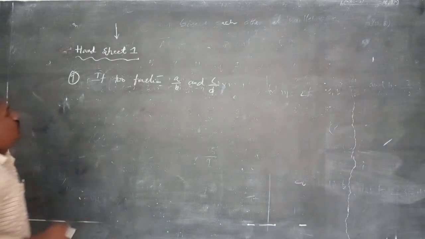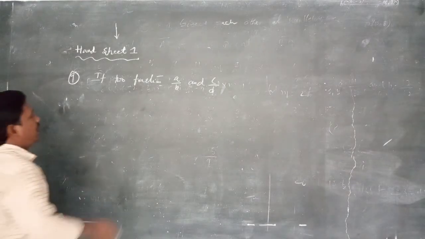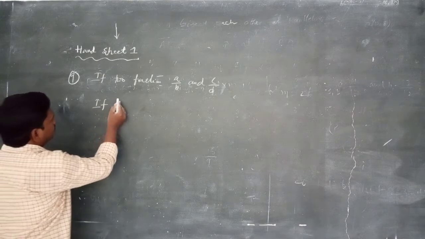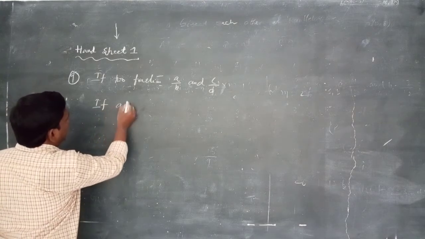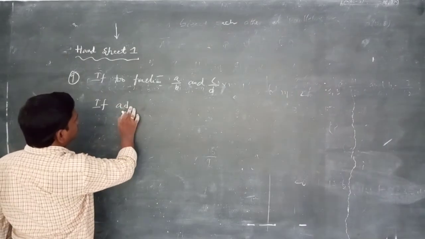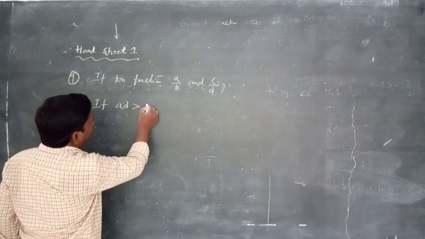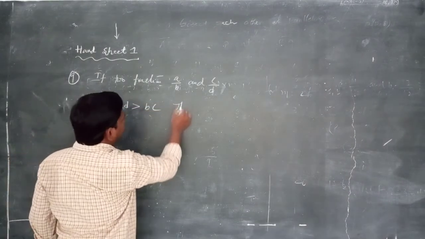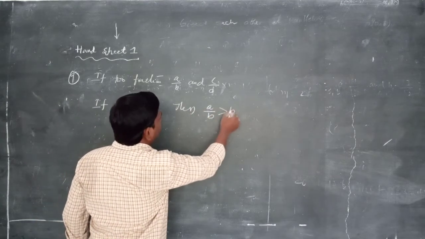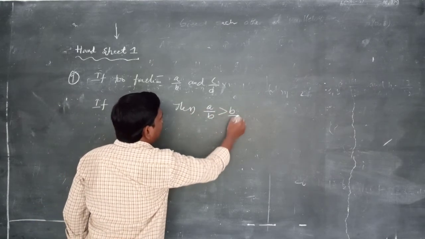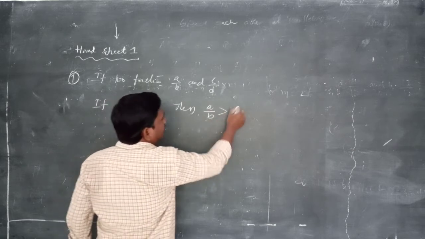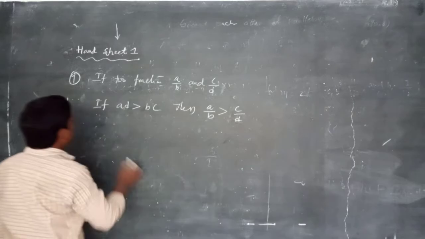Okay, if two fractions a by b and c by d, if AD is greater than BC, then a by b is greater than c by d.